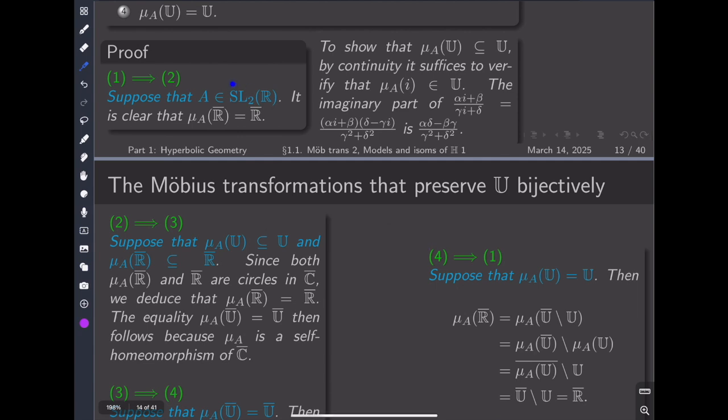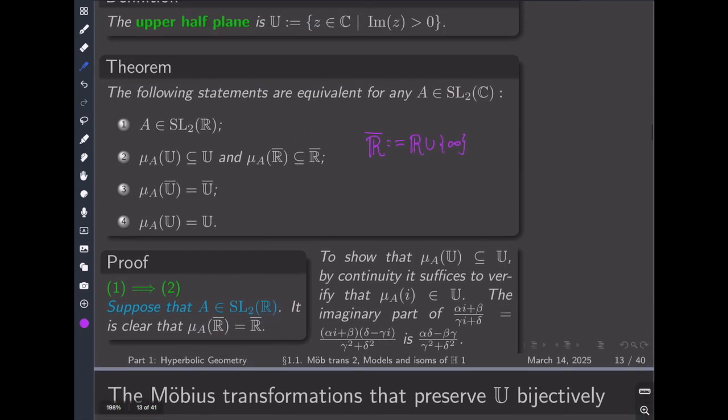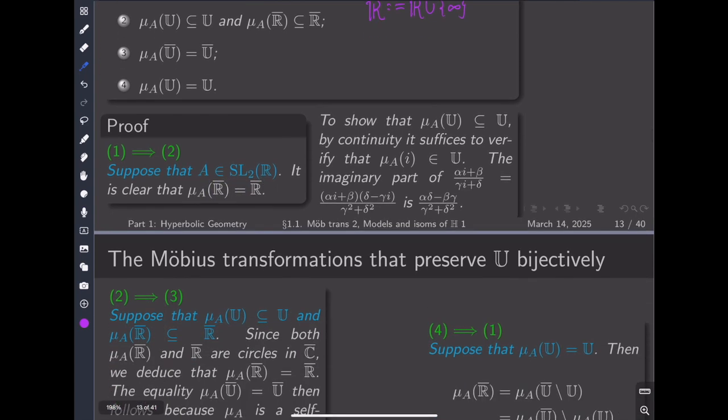The obvious ones, the ones in SL2R, it's obvious that they send R to R bijectively, because you have to take (az + b) divided by (cz + d). But now your z is either infinity or a real number, and those coefficients are real numbers.